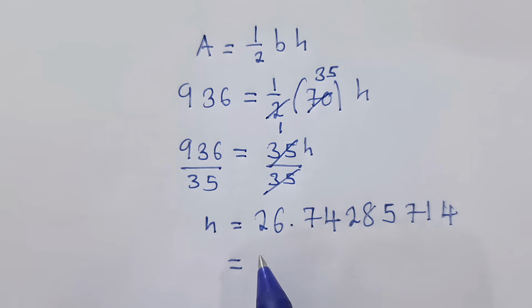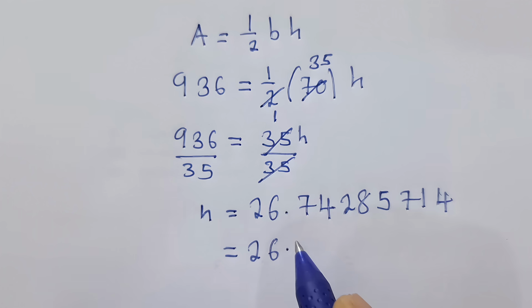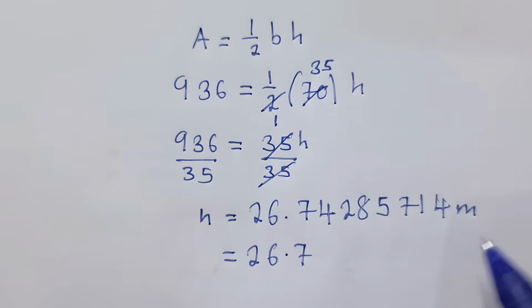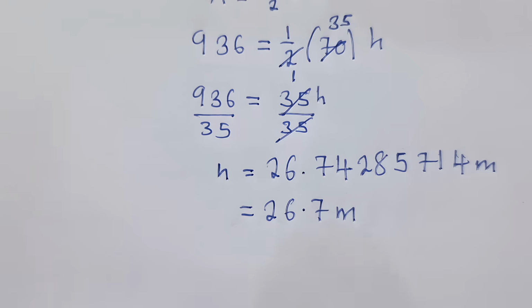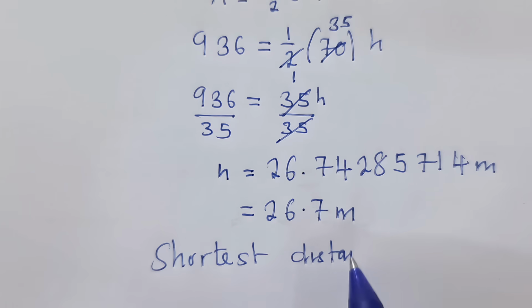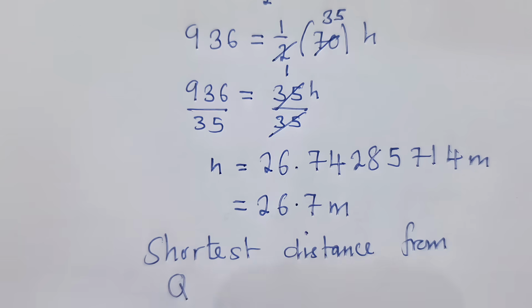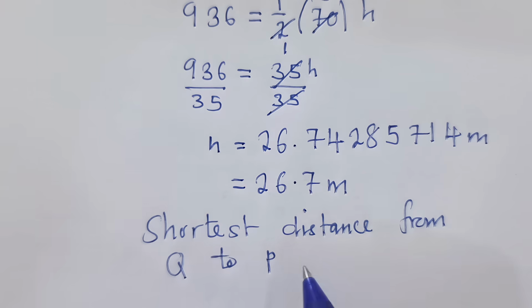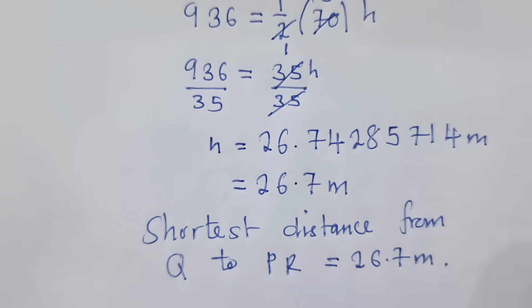So our H, or shortest distance, we can write in 3 significant figures, remembering to put the units. Therefore, we can say the shortest distance from Q to PR is equal to 26.7 meters. So this is how the question was supposed to be sorted out.